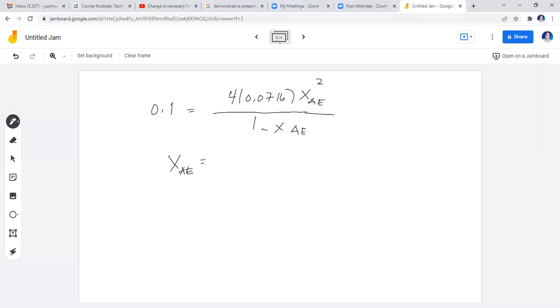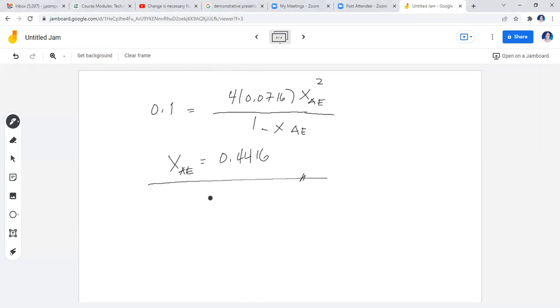So XAE is 0.4416. Okay. So this is our answer. The equilibrium conversion is 0.4416.